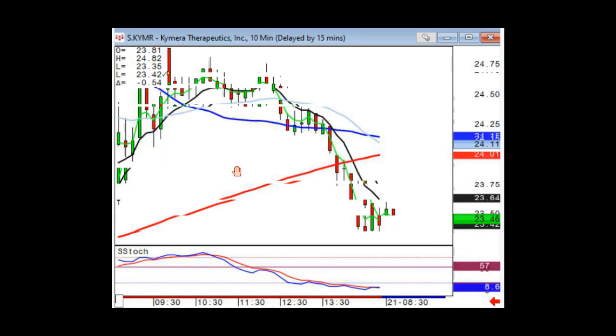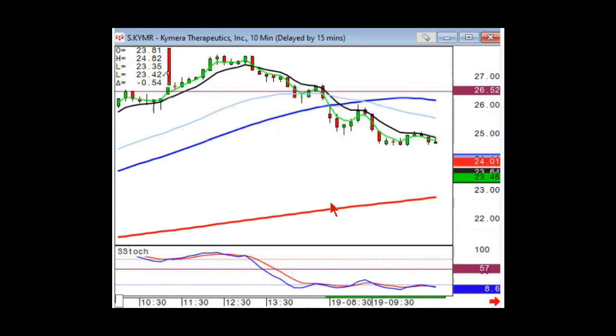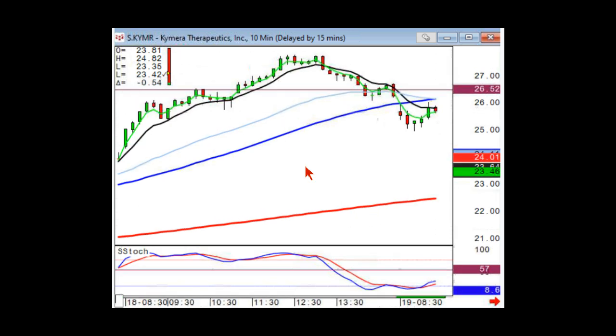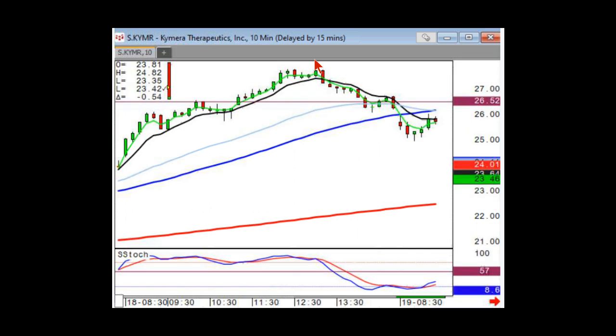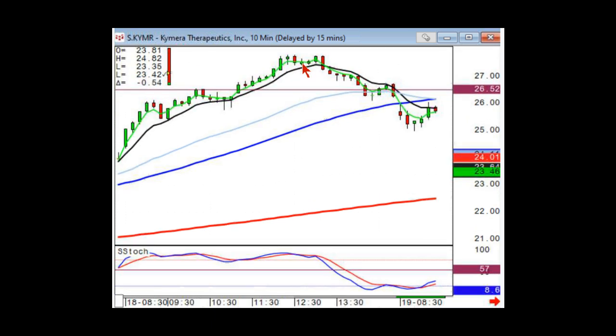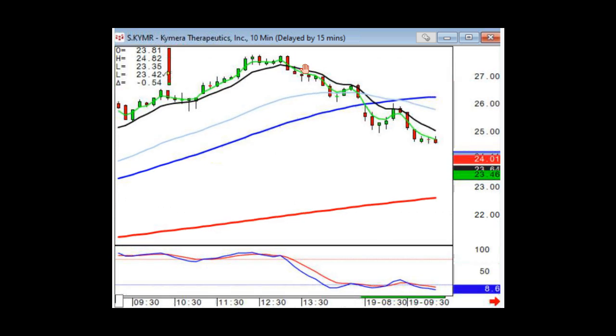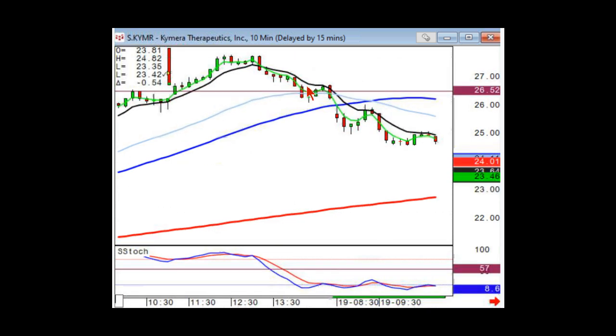So now, when you go to your 10-minute chart that day, well, it was well up above the 50. And there would have been a place that if you were trading it, you might take profits. And then if you were holding it longer term, there was probably the place you would close it out because it was coming back down through the 50.